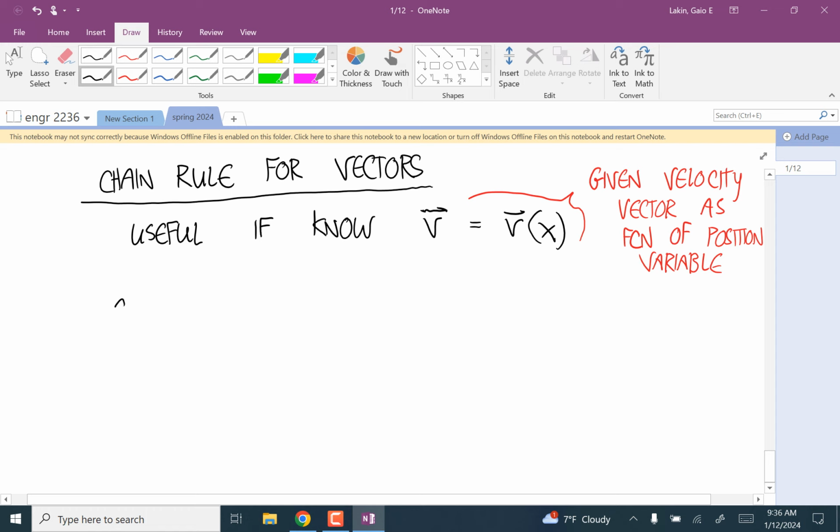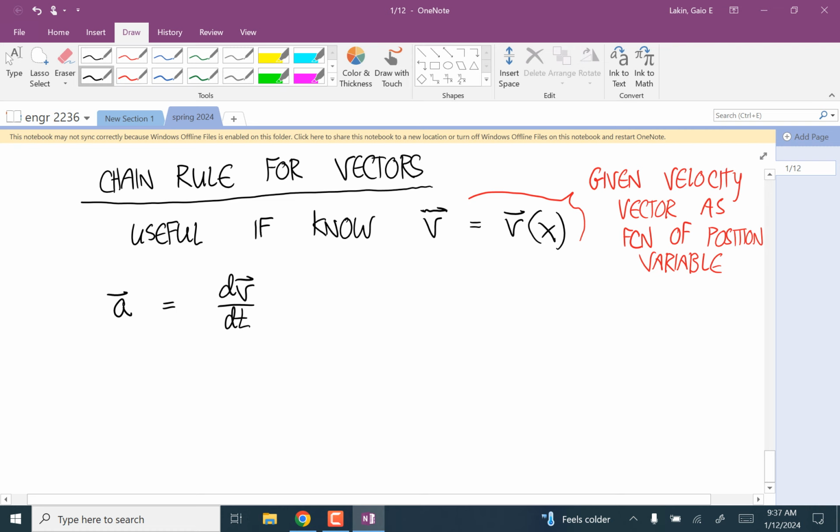Then the acceleration, okay, so remember that the acceleration is not the derivative of velocity. Don't think of acceleration as the derivative of velocity. That'll always mess you up. It's the time derivative of velocity. It's very important that you take the derivative with respect to the correct variable. So the acceleration is dv dt.